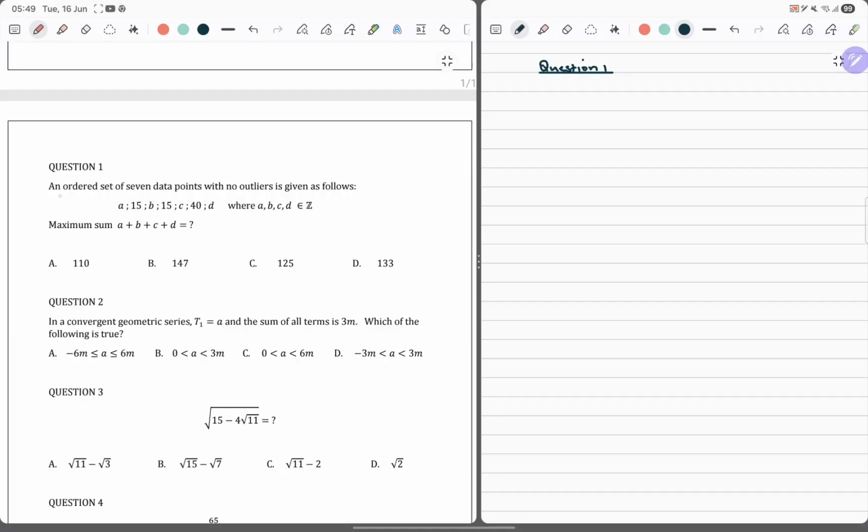So here we are told that an ordered set of 7 data points. So what do we mean by ordered? How do we order data points? We order them from the smallest to the biggest.